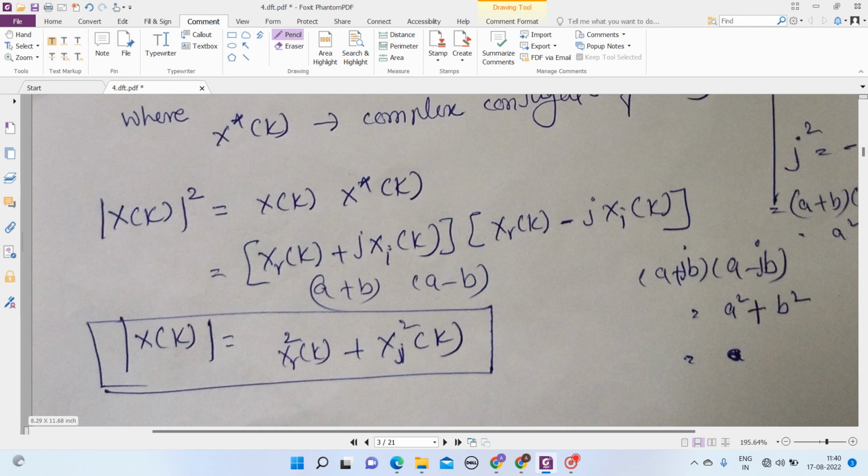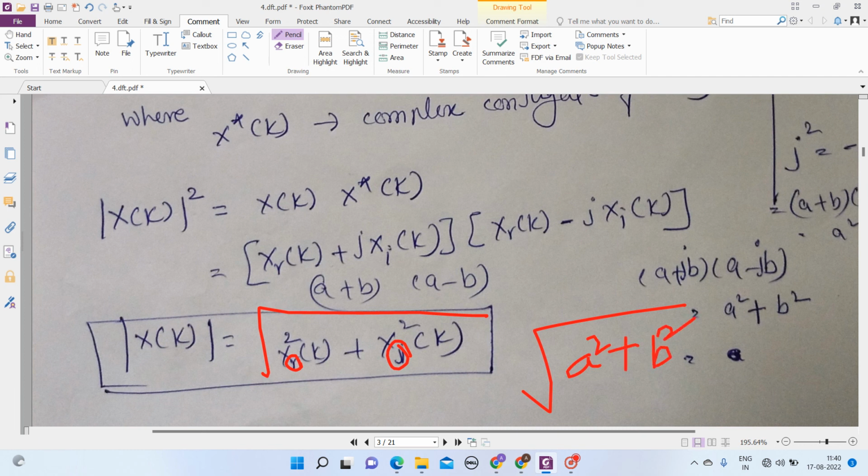The magnitude is the square root of X_R squared of k plus X_I squared of k, where R represents real and I represents imaginary. Simply, a squared is the real part plus b squared is the imaginary part.